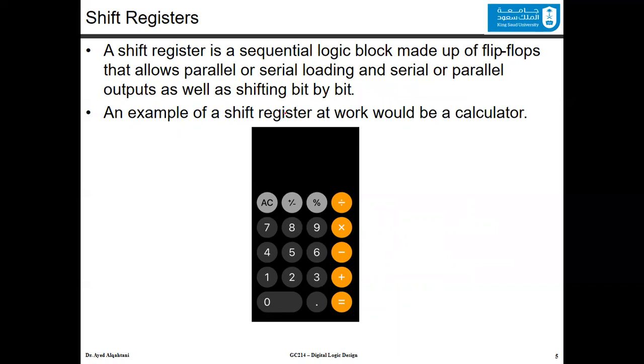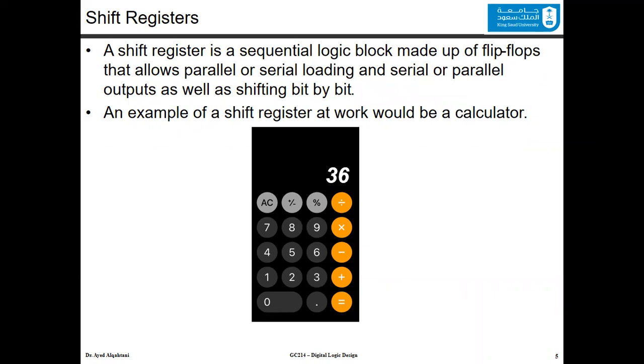An example of a shift register at work would be the calculator that everybody knows. If you press 3, it shows up on the screen. If you press 6, there will be a shift and a loading of the value 6.